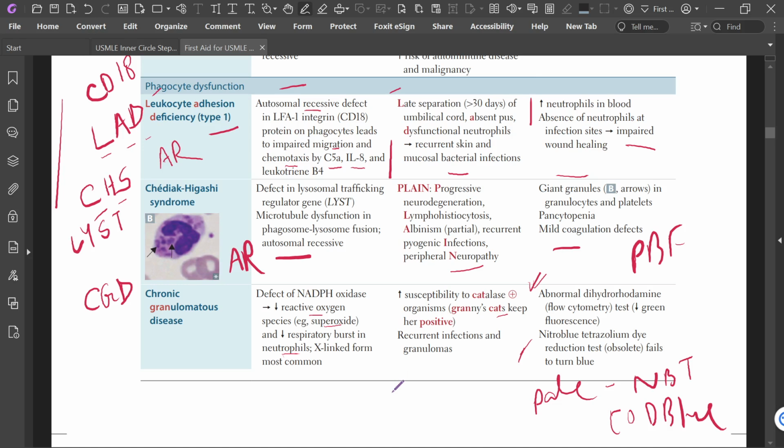So normally, what does this dye actually do? It converts the pale nitroblue tetrazolium to a dark blue formation that may precipitate within the cell. If there is chronic granulomatous disease, there is no change in the color.